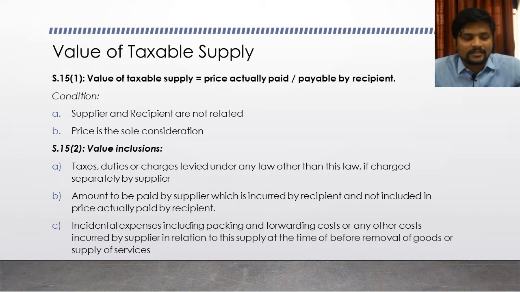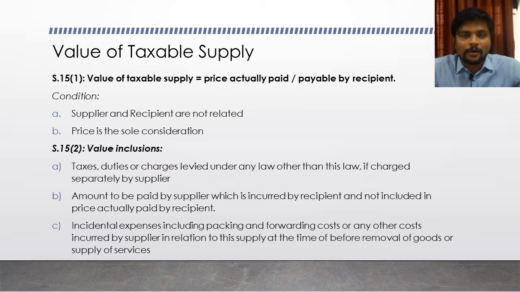Second condition, the price actually charged by the supplier should be the sole consideration paid by the recipient of supply. There should not be any other consideration, or consideration in a non-monetary form or in any other form. That should not be the case.